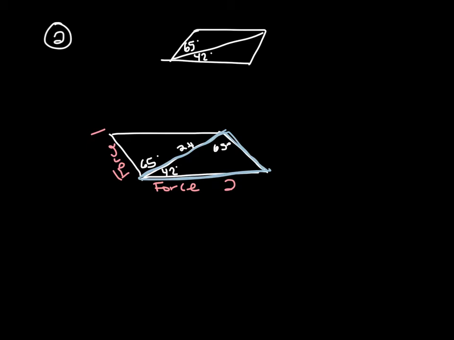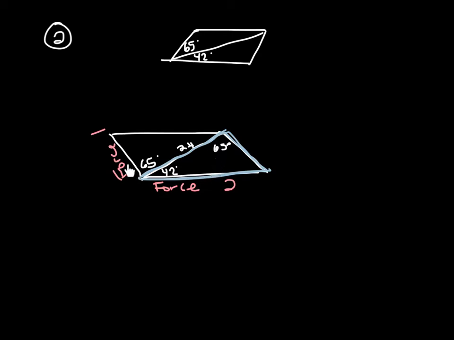Okay, now the question says, find to the nearest pound the magnitude of the larger force. Okay, so we have two forces, force 1 and force 2. Now, the larger force is going to be across from the larger angle. So if we look at force 2 right here, that's across from an angle of 65 degrees.